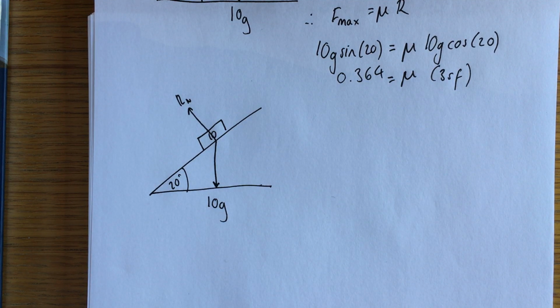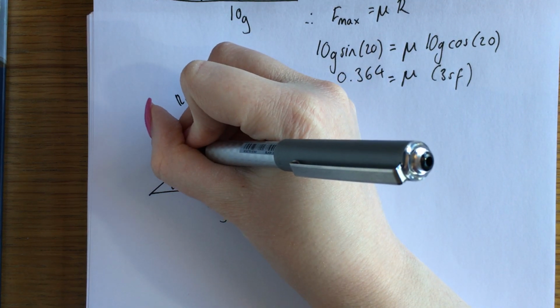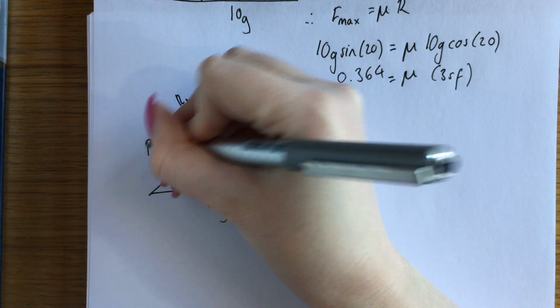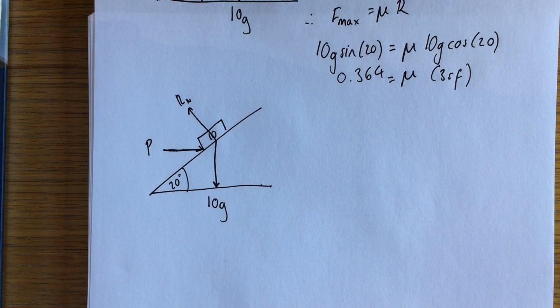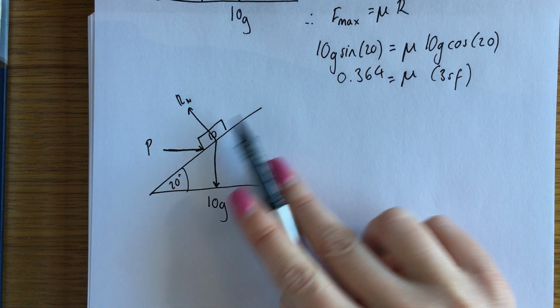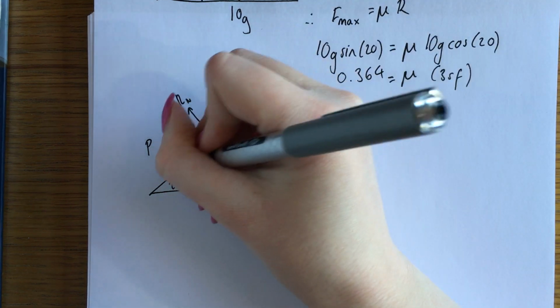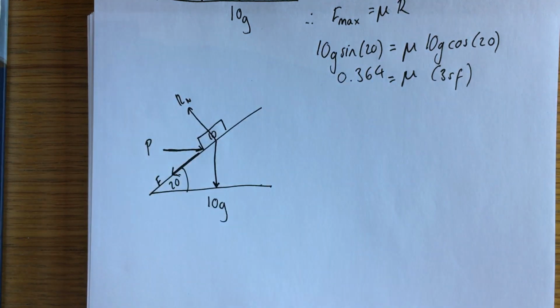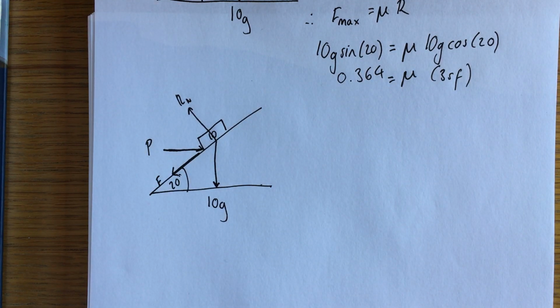The difference here is that I have a horizontal force of magnitude P applying to the box. So this means that movement would now be up the slope. As a result, friction is acting down the slope. So you can see actually my drawing is really quite significantly different.